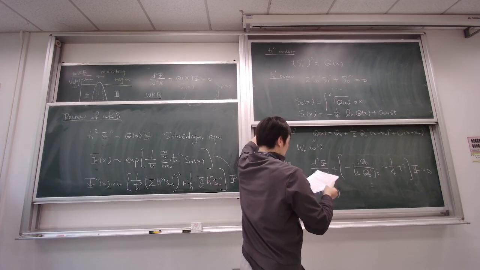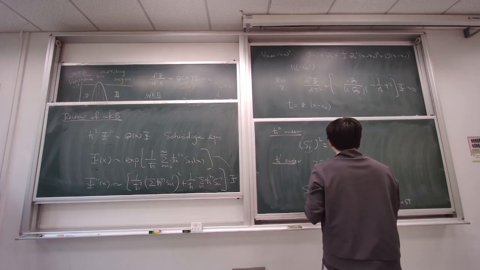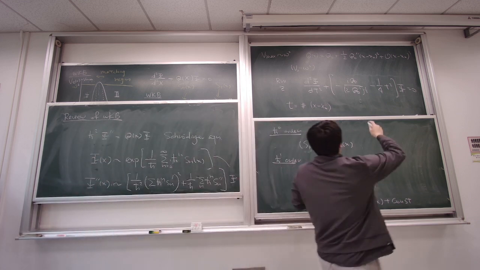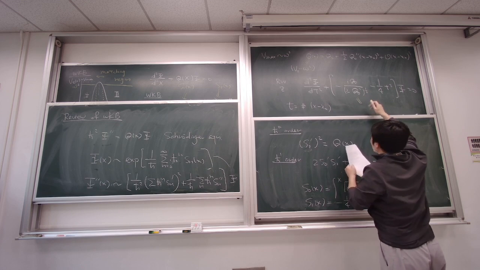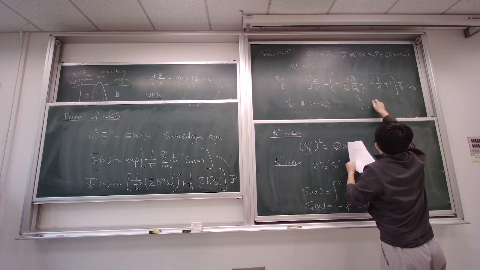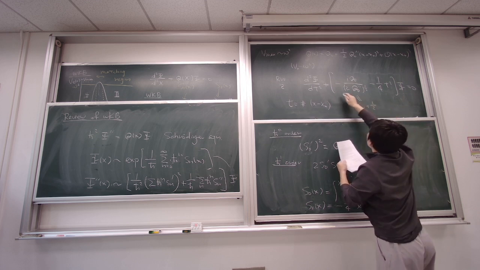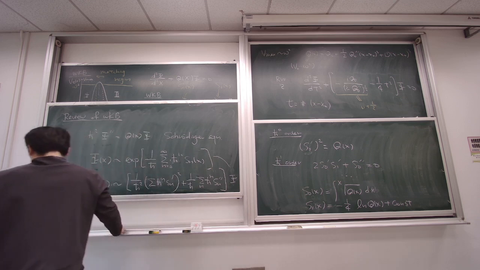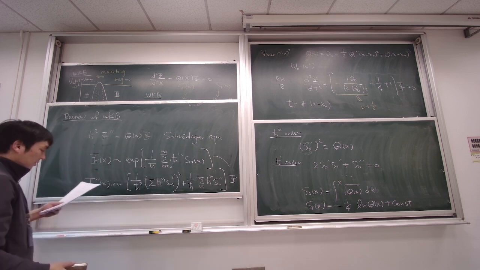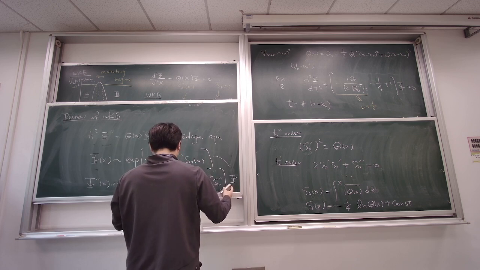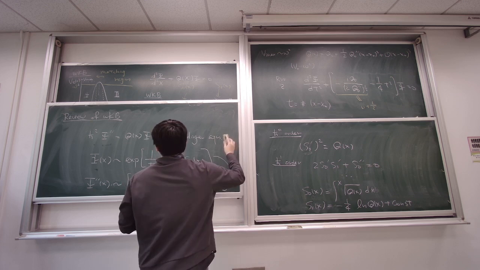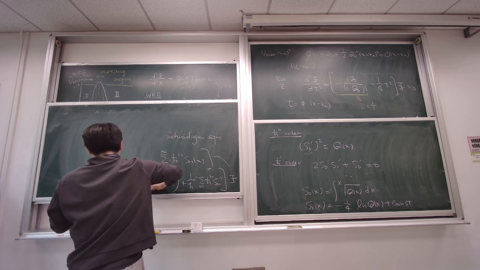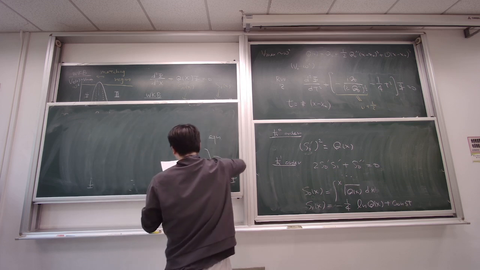We solve this equation. Before solving it, we write this part as nu plus 1/2. This equation is called something like a relative Hermite polynomial equation. One can solve this exactly with a special function called the parabolic cylinder function.